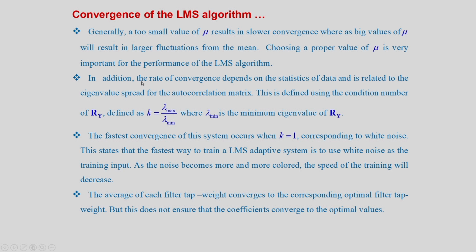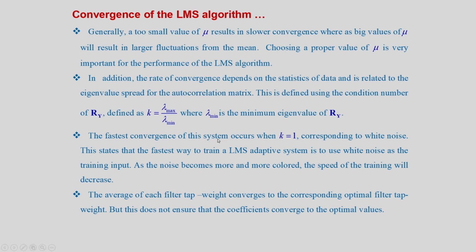In addition to the above, the rate of convergence depends on the statistics of data and is related to the eigenvalue spread of the autocorrelation matrix that we have discussed earlier. This is defined by the condition number of Ry, which is lambda max by lambda min. Therefore, the rate of convergence will depend on k. K should be small.